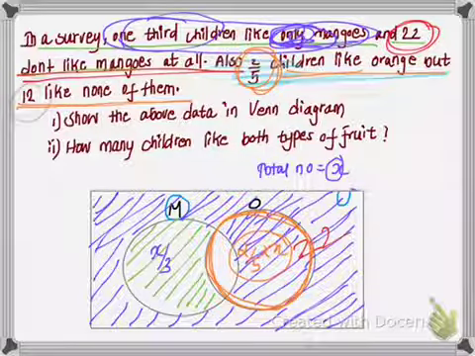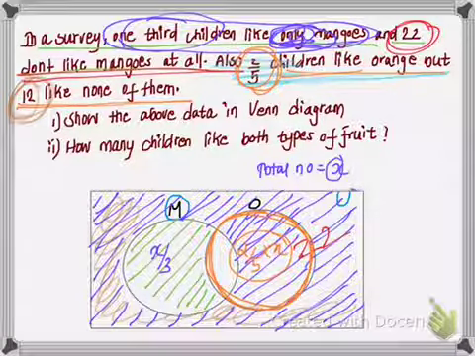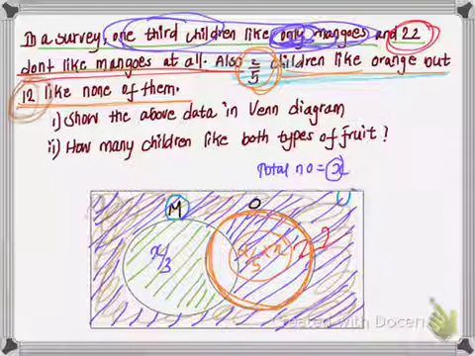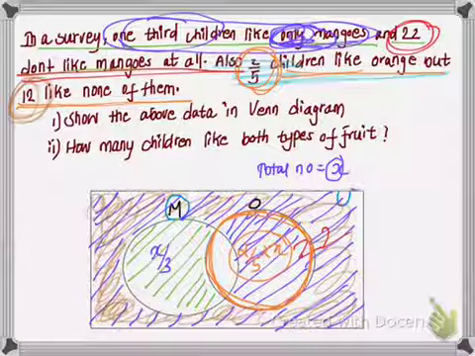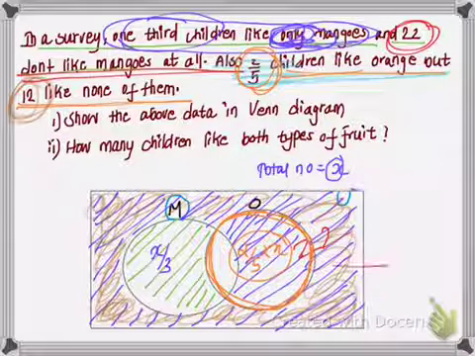So 12 is the number of children who don't like both mangoes and oranges. So it means the part excluding the circles. So this region is the part which represents the number of students who don't like both mango and orange.